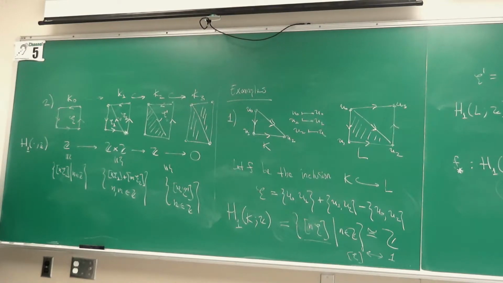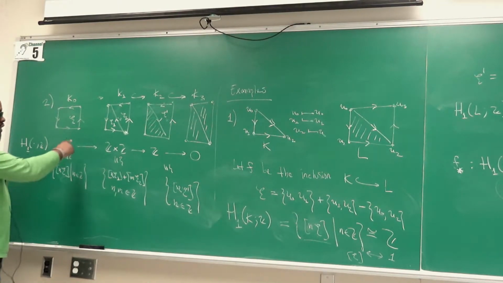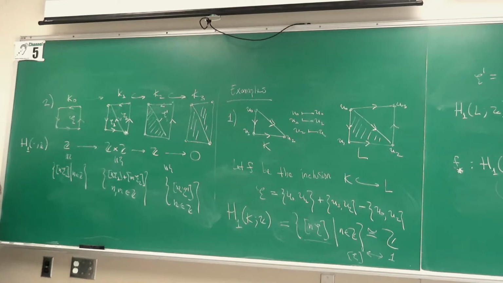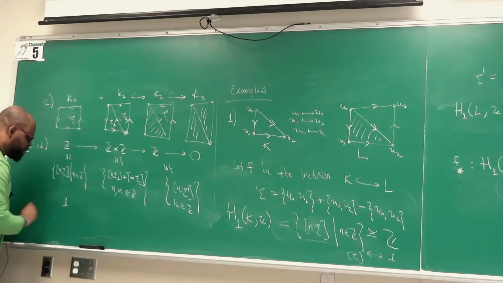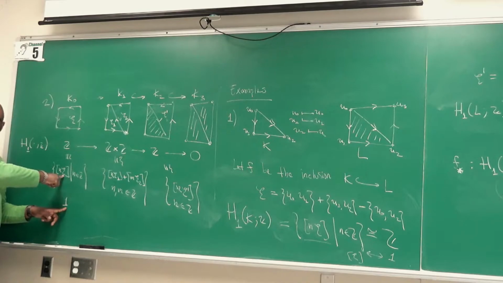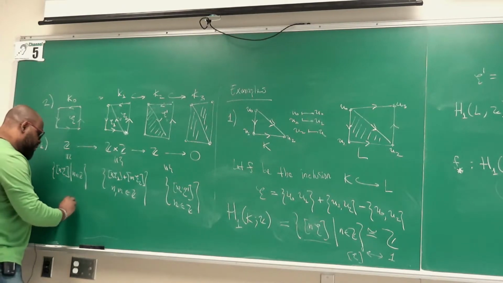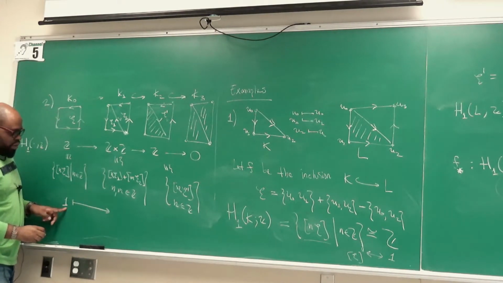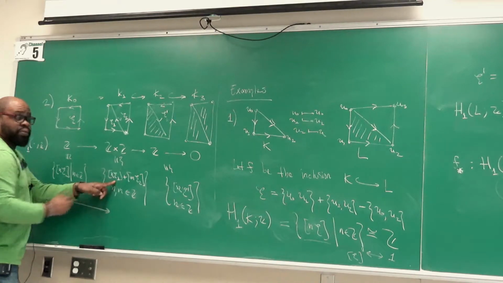Okay, so let's see if we understood how the stars operate at this level. Let's say that we take my 1. So 1 in this case would correspond to zeta. Where does this guy go in terms of zeta 1 and zeta 2?